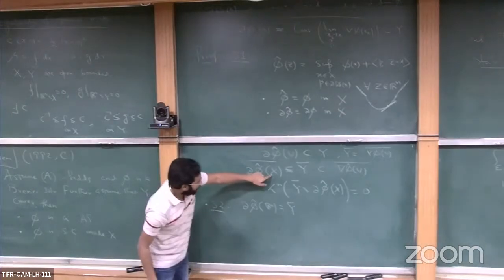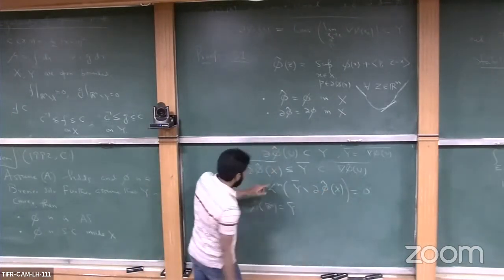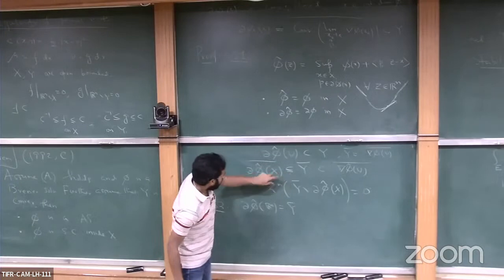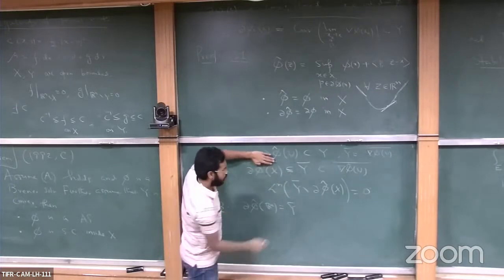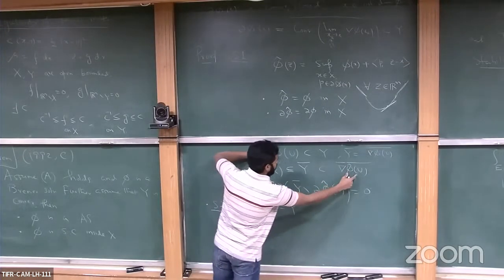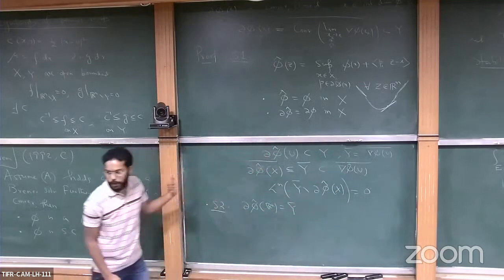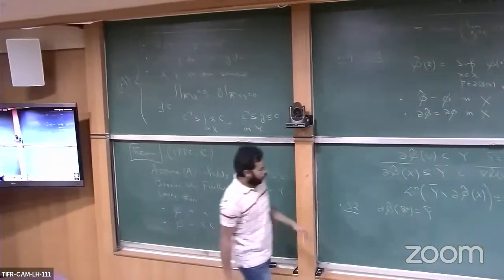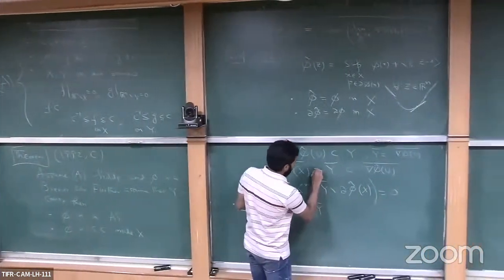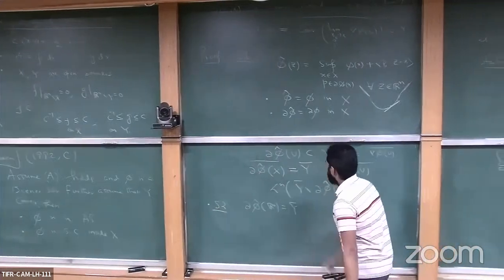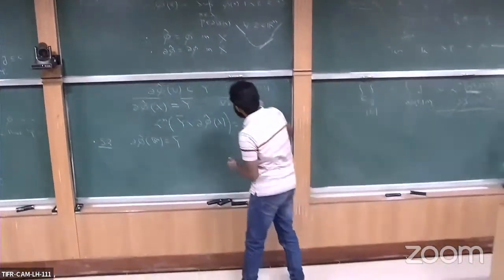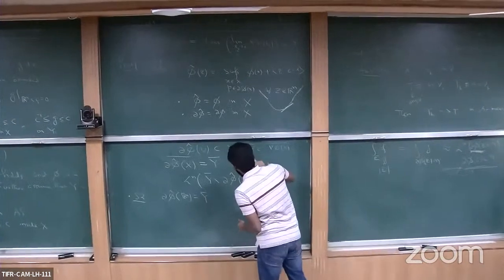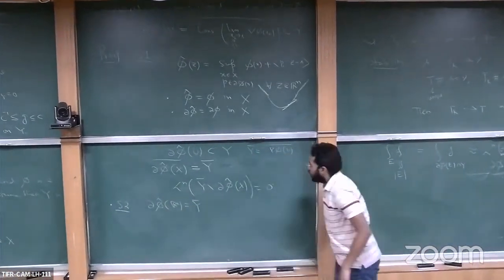Now you see here you have y, right? And without the closure, this set is smaller, right? So if you take the closure, the equality persists. So basically, this is equal to this one, right? Okay. And we have also this one.